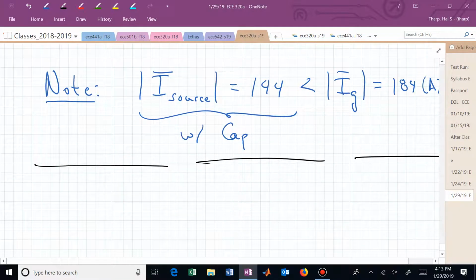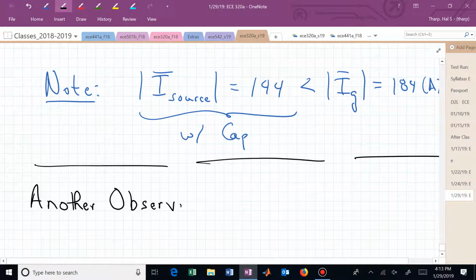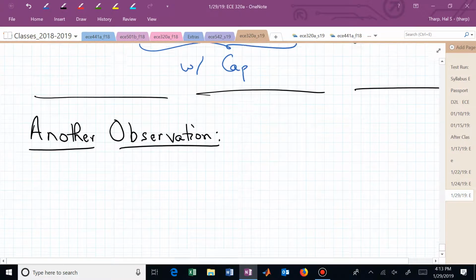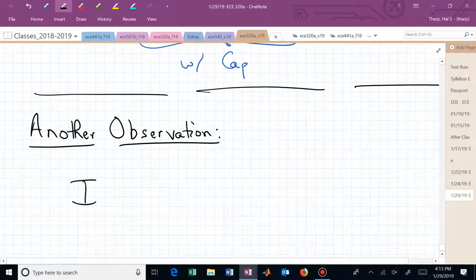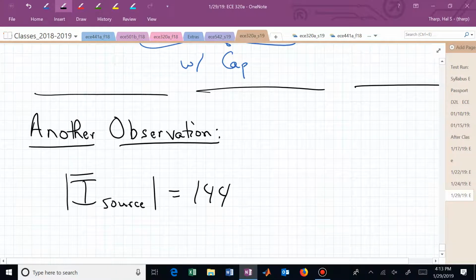Here's another observation. That might be a little bit counterintuitive. The magnitude of our source current was 144 with the capacitor.